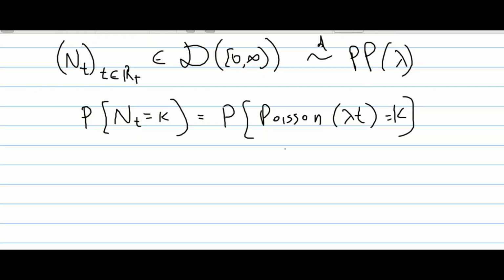We talked about this in the last class. We have proved this proposition. And in this class, we're going to prove more properties of the Poisson process on the line.